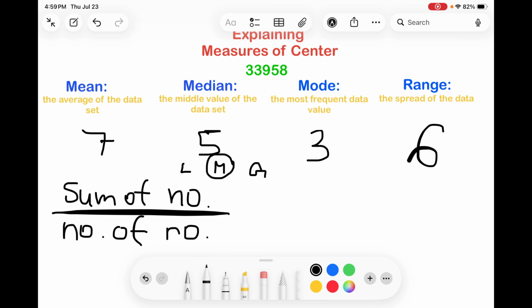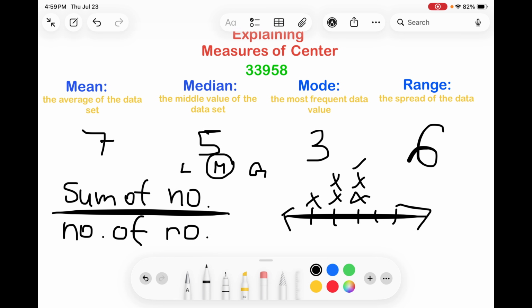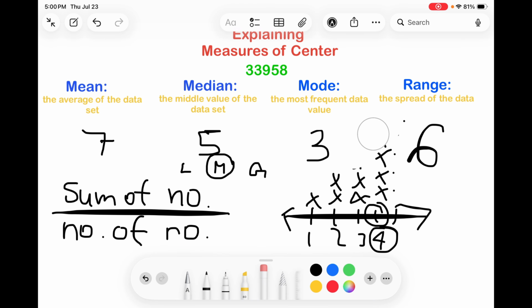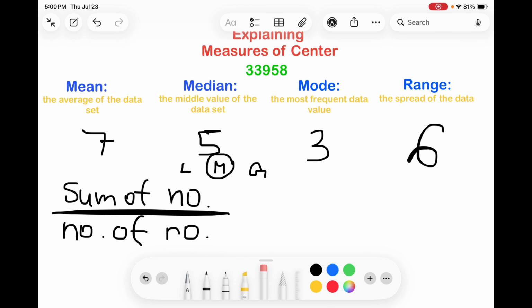You need to count the number of times each number occurs, and if it's lined up in a line plot, then obviously the number that's reoccurring the most is the one with the most marks. Here, 4 is reoccurring the most because there's 5 of the 4s, so it's the most frequent data value. And for range, a range is just the greatest number subtracted by the least number. And yeah, there you got it.